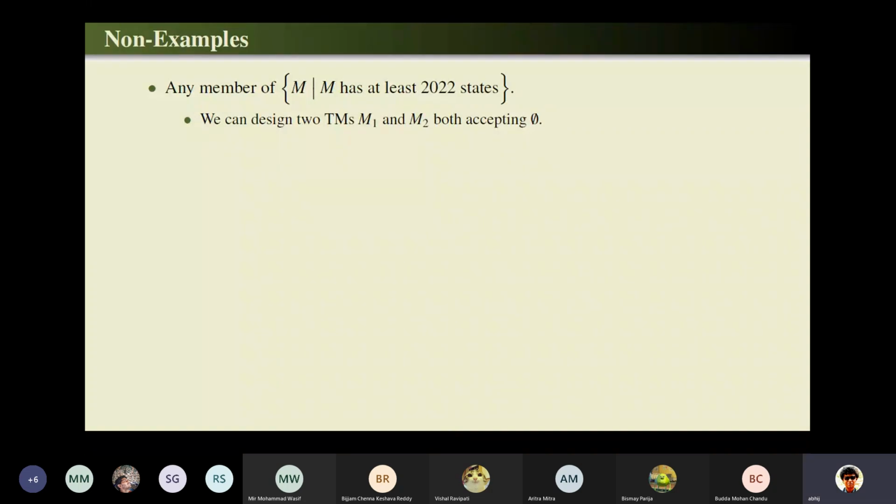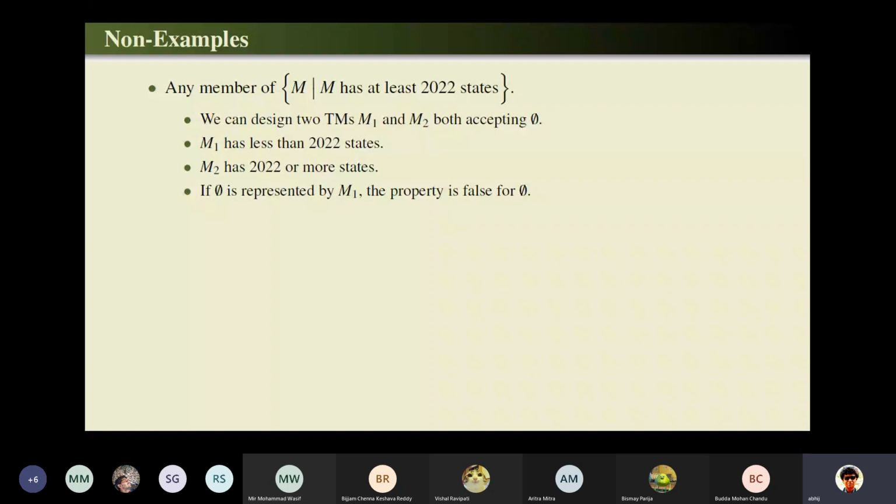If I take that machine M2 as the representative of that phi, what will happen? As I mentioned, M1 has fewer than 2022 states, it may be just 3 states. And M2 has 2022 or more states, maybe 1 million states, possible. So if the RE set phi is represented by M1, then this property is false.